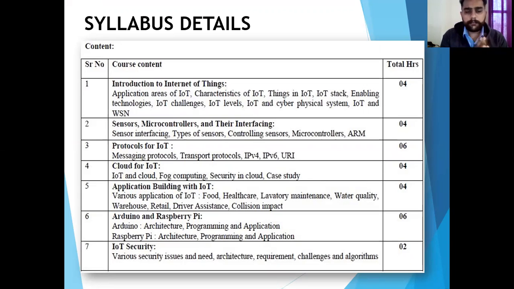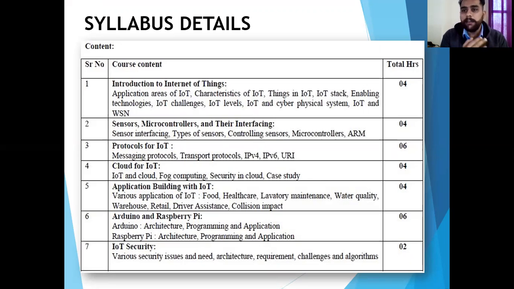We need to concern ourselves about the IoT technologies, then different kinds of challenges. After that, we need to know the sensors that are used in IoT applications as a hardware part. Then microcontrollers, and we should have knowledge about the interfaces of microcontrollers.